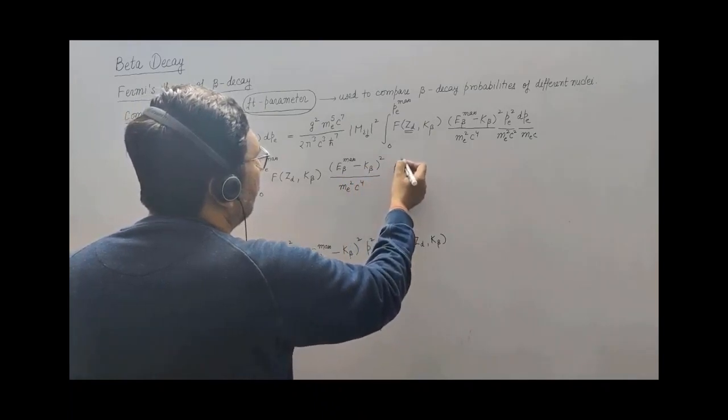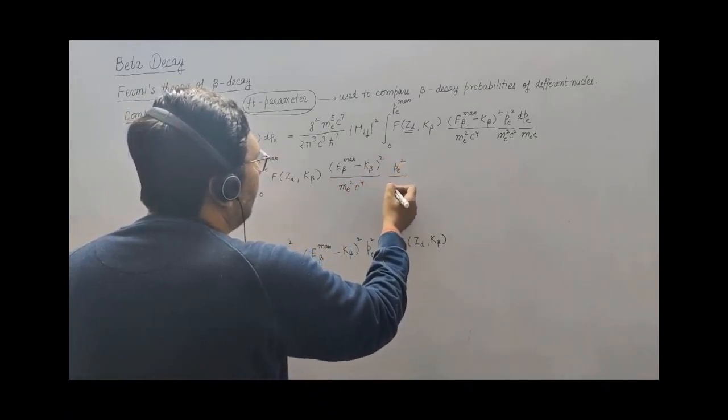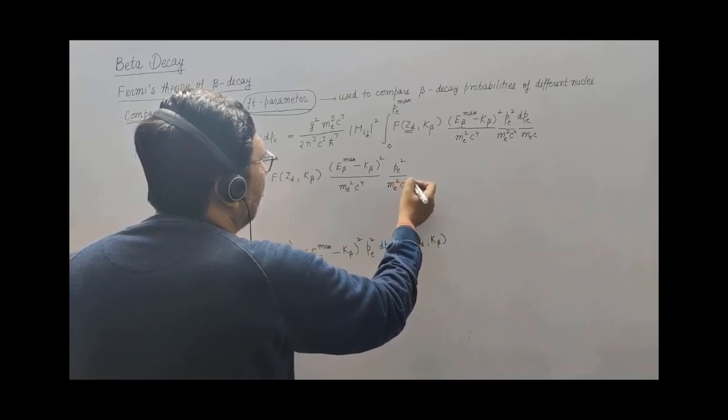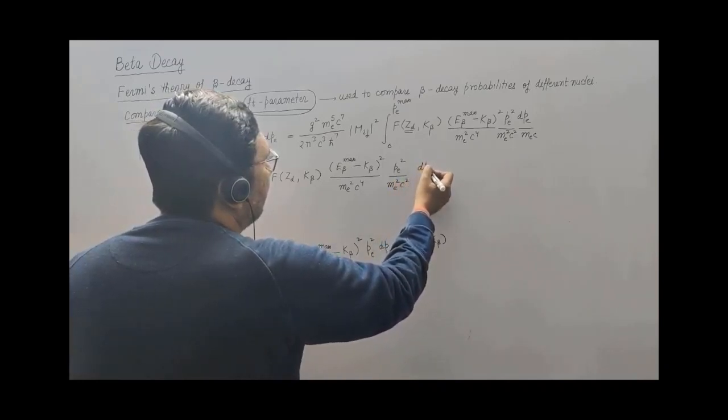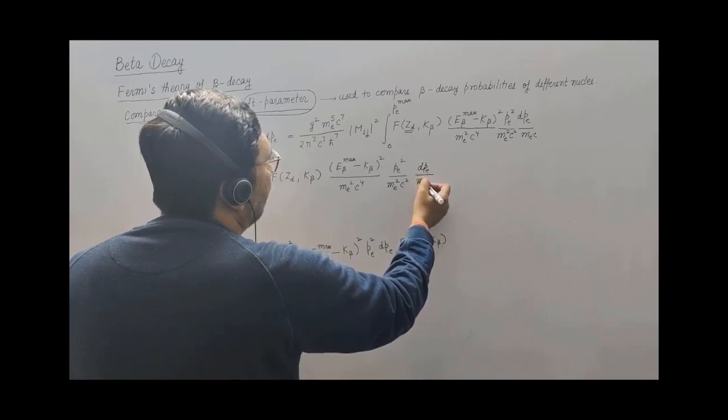This will be PE square upon ME square C square, and this will be DPE by MEC.